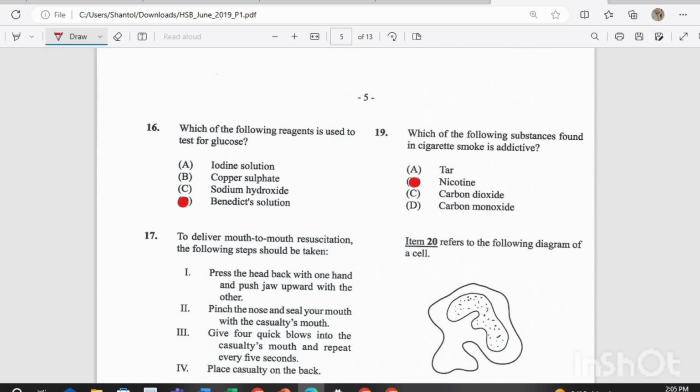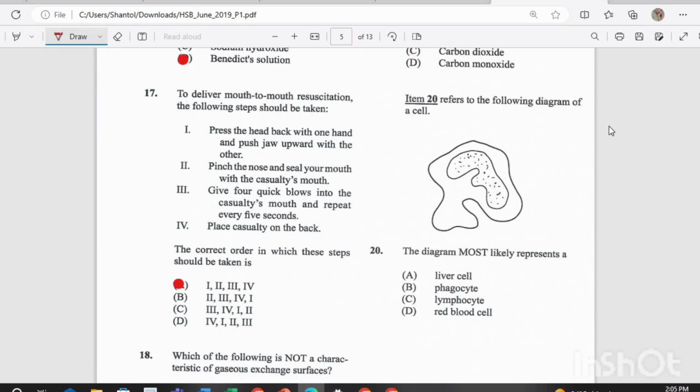Nicotine. Item 20 refers to the following diagram of a cell. The diagram most likely represents A. Liver cell, B. Phagocyte, C. Lymphocyte, or D. Red blood cell. The answer would be B. A phagocyte.